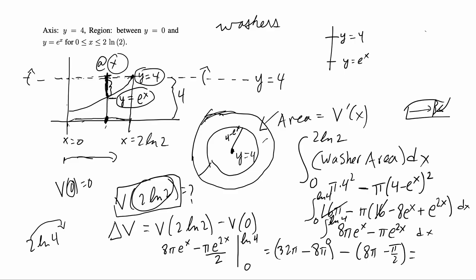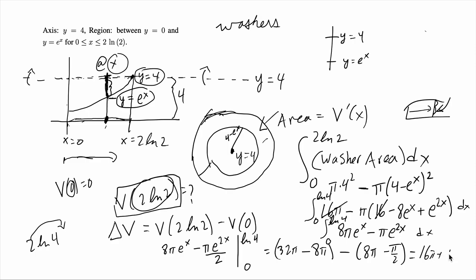Okay, and so that gives you 32 pi minus 8 pi and minus another 8 pi, that's 16 pi. But then 16 pi plus a pi halves, because the negative distributes.